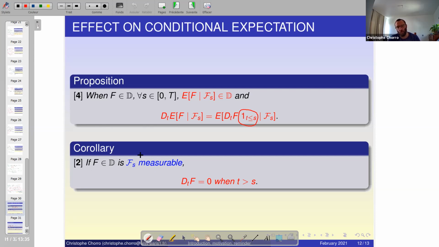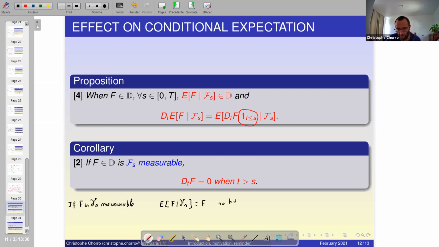Why is this corollary very easy to prove from proposition 4? Because if f is Fs measurable, then the conditional expectation of f given Fs is equal to f.